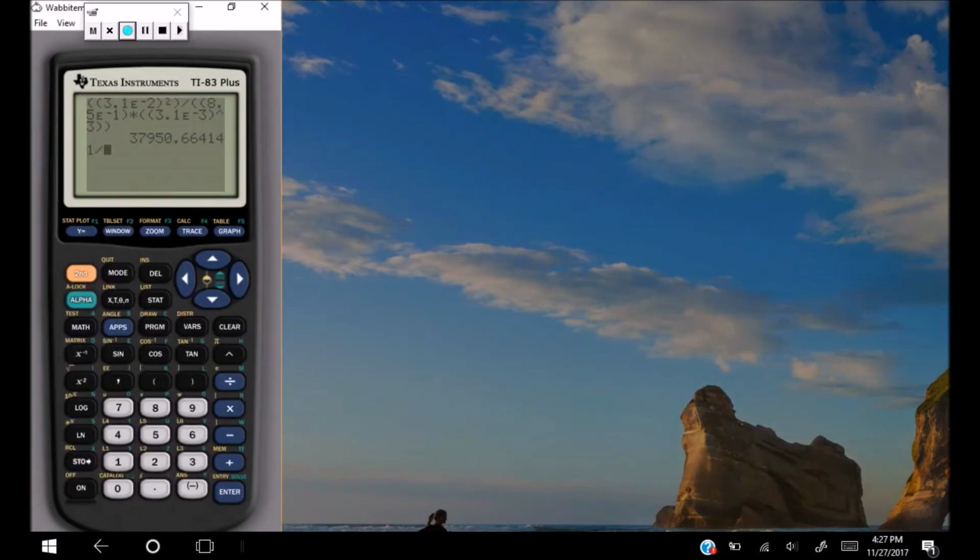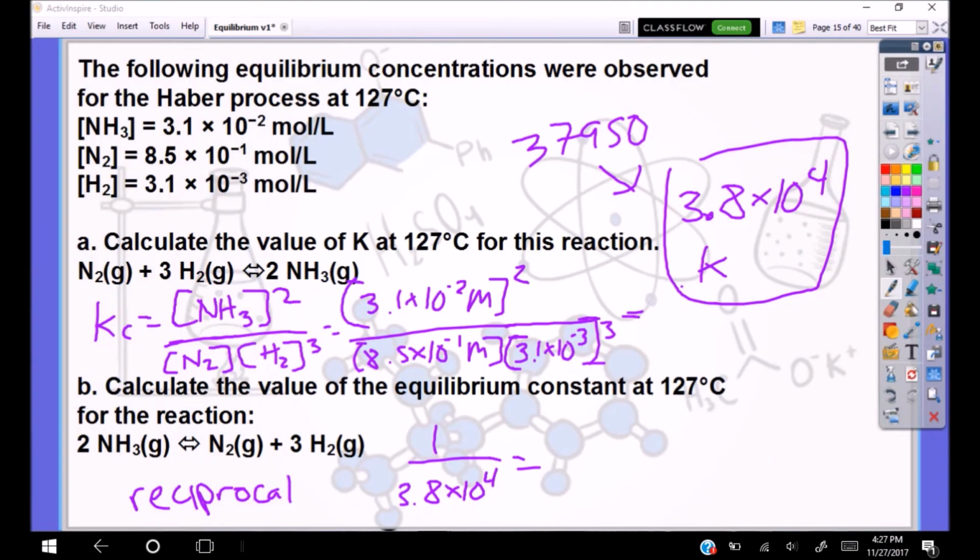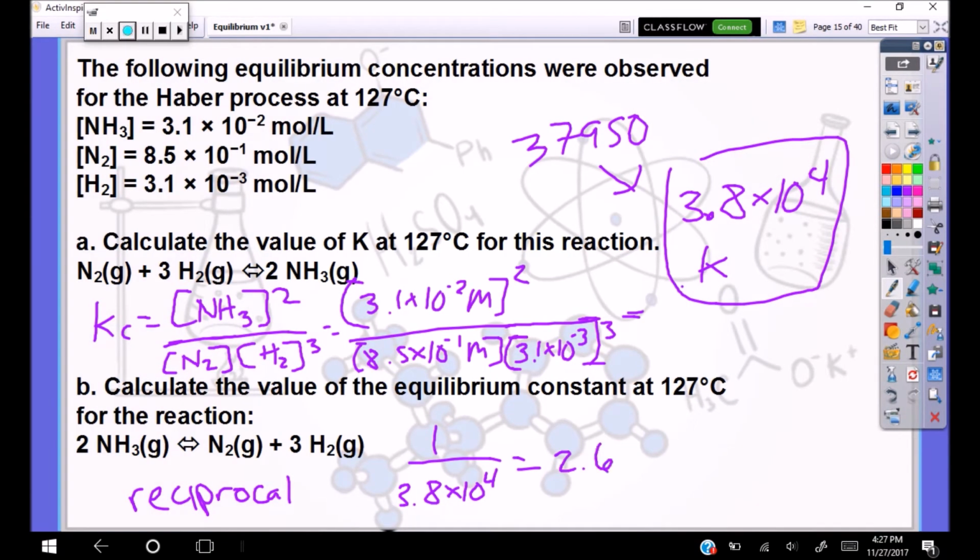So 1 divided by 3.8 e to the fourth. All right, and I get 2.6 times 10 to the negative fifth. So this is for the reverse reaction, and this is for the forward reaction.